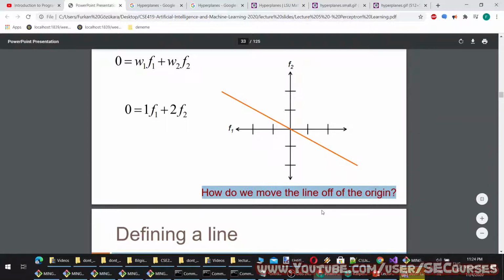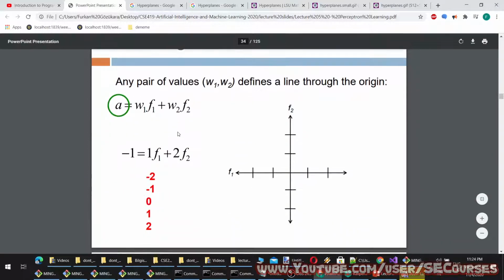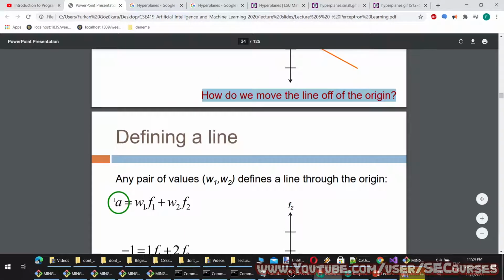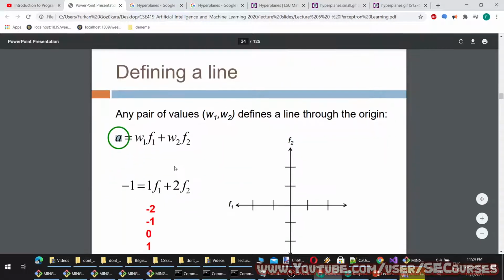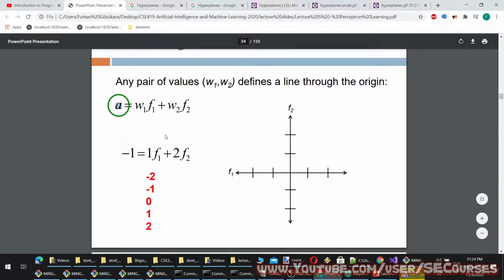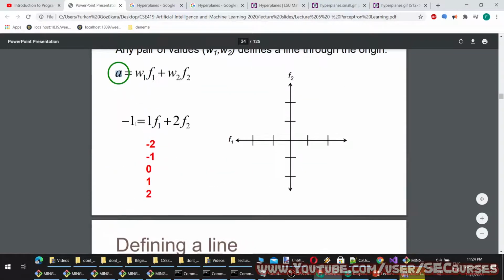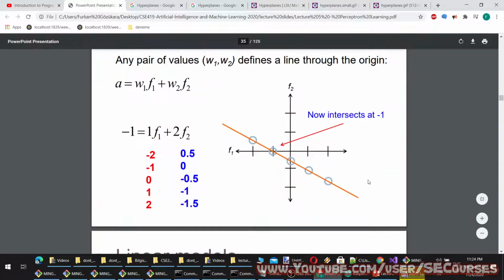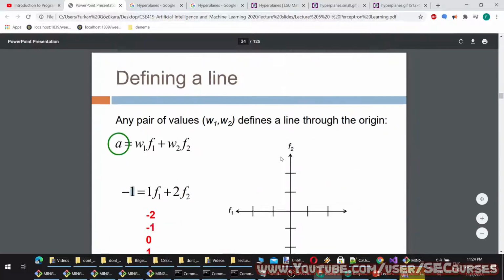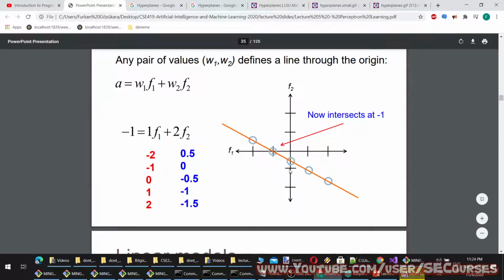How do we move the line off of the origin? How can we move it? We define a, I think it was called a bias, but we will see that. We change the equality from 0 to something else. If we change it to -1, you see that our line is now moved from the origin to here.